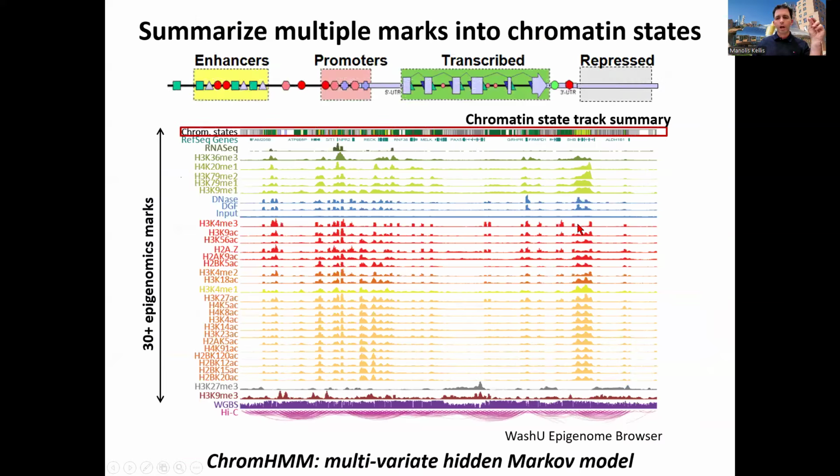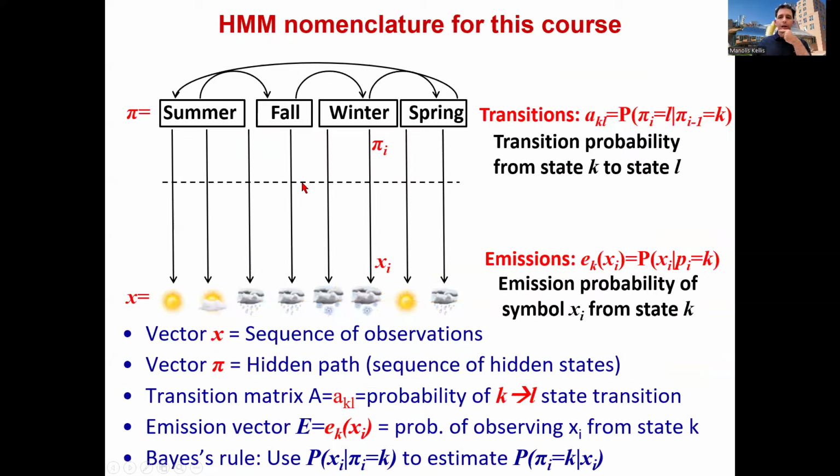We talked about how we can use this in multiple independent marks to start looking at each of these signals and how we can combine the signals together using hidden Markov models, which is what we're going to be focusing on at the beginning of the lecture today, and how this very powerful paradigm of observed versus hidden can be applied with arrows between the hidden states to capture the dependencies between different positions along the genome.